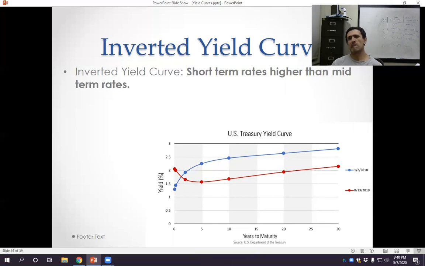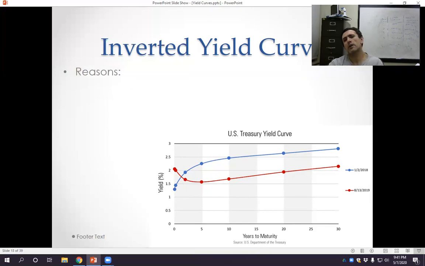But as long as short-term rates are higher than mid-term rates, you have an inverted curve. And it's largely a sign that things are not going so well in the economy. And you might often read in news articles that an inverted yield curve has predicted recessions successfully for the past 50 years or 100 years.